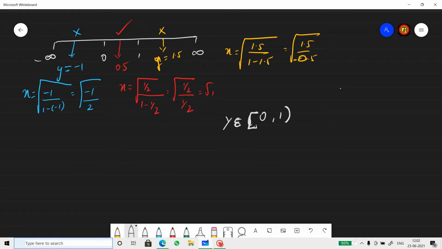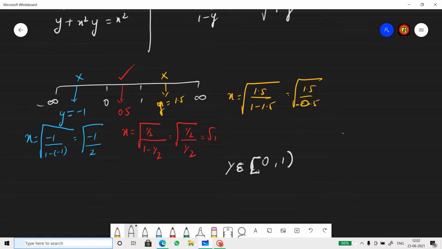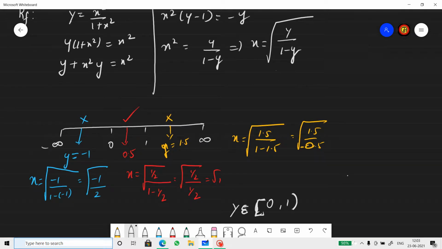Right? But let's have one thing in mind. y belongs to this. But what is y basically? y is the answer of x, isn't it? So before you exclude a number, make yourself sure that no value of x should give you y as 1. You understand what I'm trying to tell you? y belongs to 0, 1, absolutely fine, because this is where we got that from.